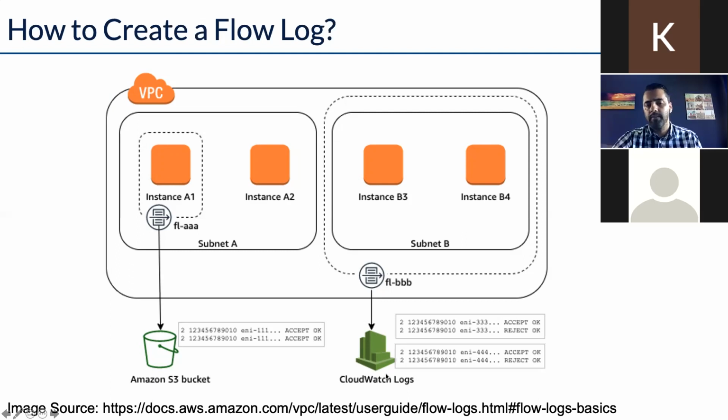So you can combine things. For example, in the demo that we're going to show you, we are sending that data to both places, to CloudWatch and to an S3 bucket. So you can see the capabilities it provides. It's not a good idea to duplicate that, but for the sake of the demo and to show you that it can be done, I have decided to do it this way, right?